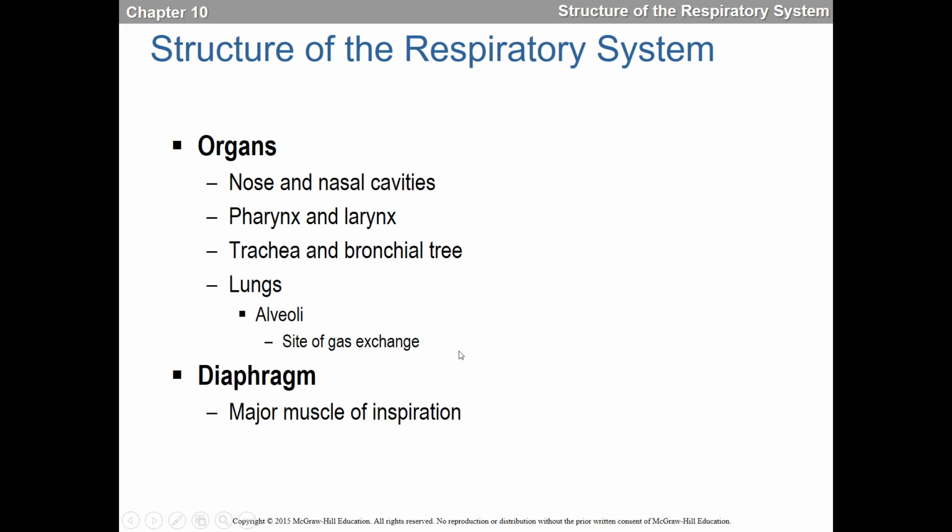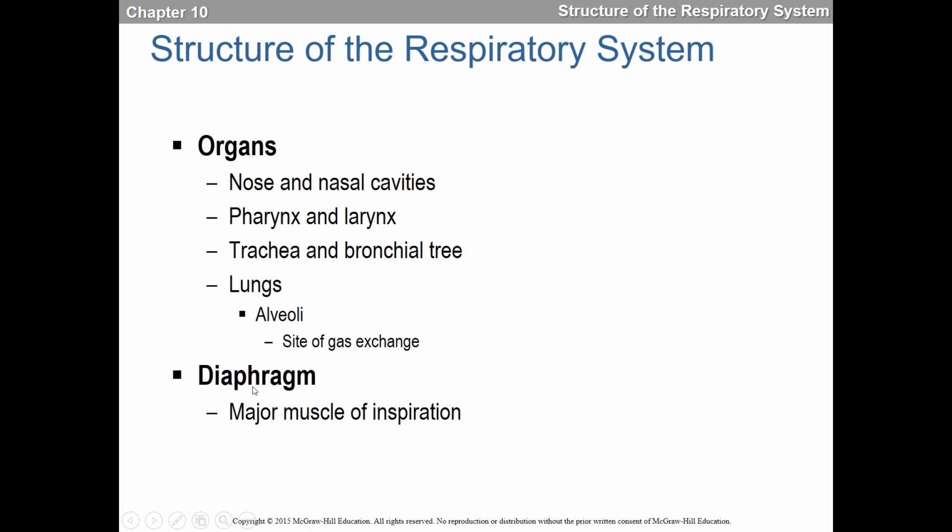There are type 1 and type 2 alveolar cells and things like that, but that's not abundantly important for this class in particular. I will point out something interesting with type 2 alveolar cells here in a bit. But those of you that have taken other biology or anatomy classes, I'm sure that you've already talked about that.